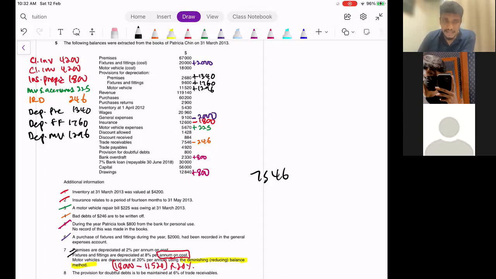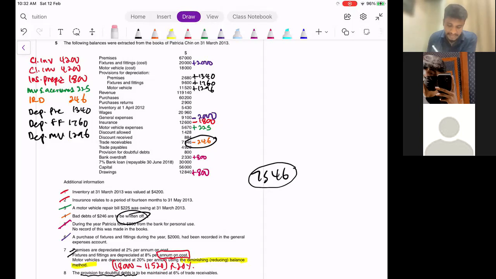But the thing is, you know what's provision for doubtful debt? We estimate the guy cannot pay from the total trade receivable. So your trade receivable is 7546, right? Out of the 7546, 246 confirm the guy cannot pay. The guy written off already.